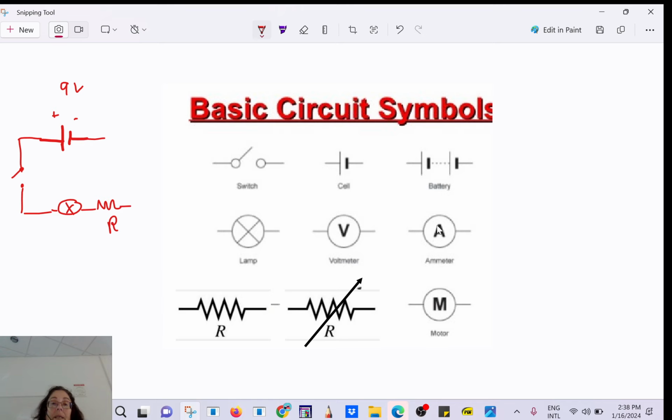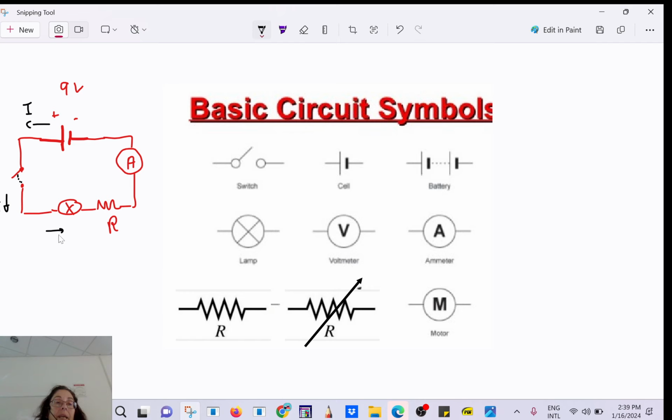What else do I need? I need a device to measure the current. And that device has to be part of your circuit. So I'm going to place it here, and then I close the circuit. Okay? And second thing you do, when you close the switch, you want to show that the current is flowing this way. So you will do it this way here.